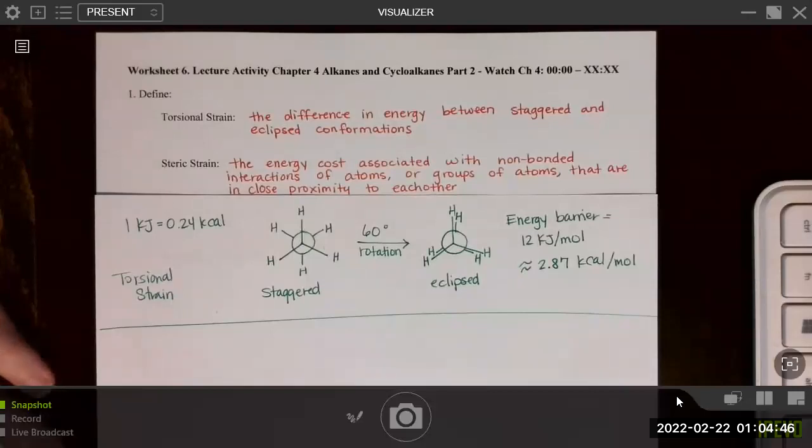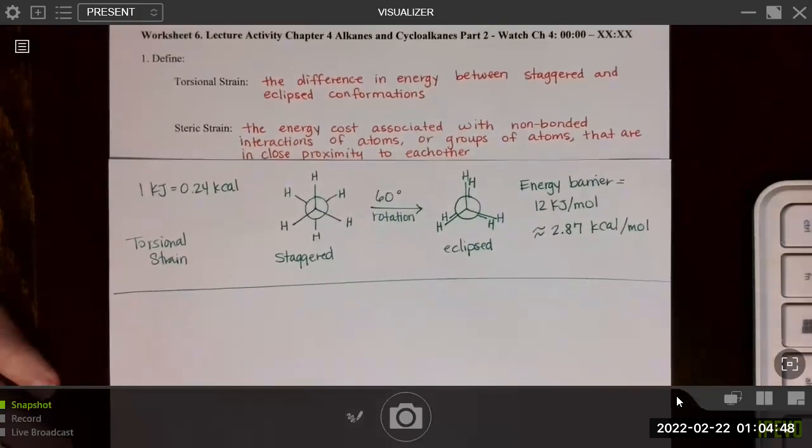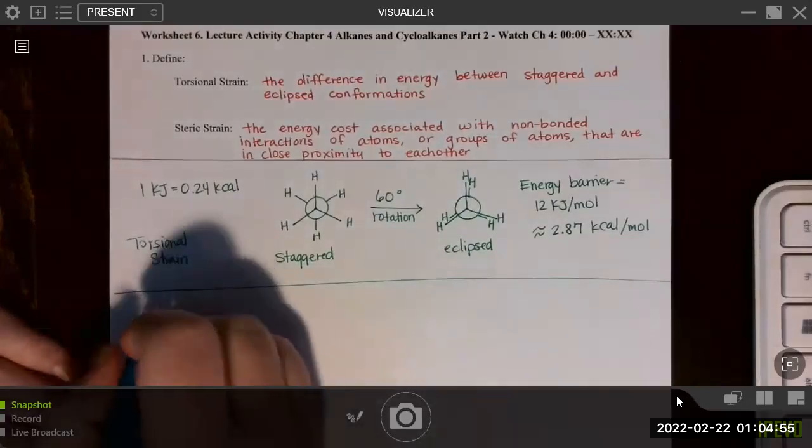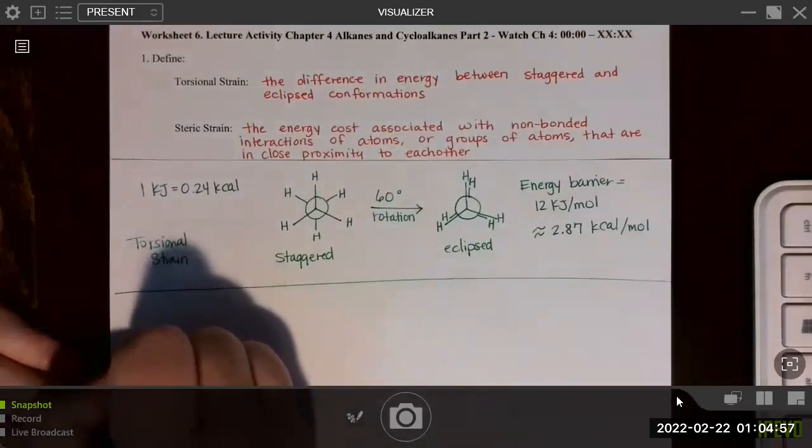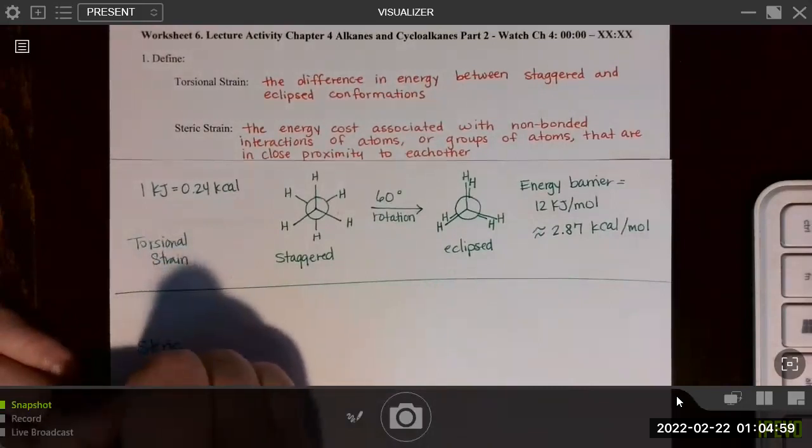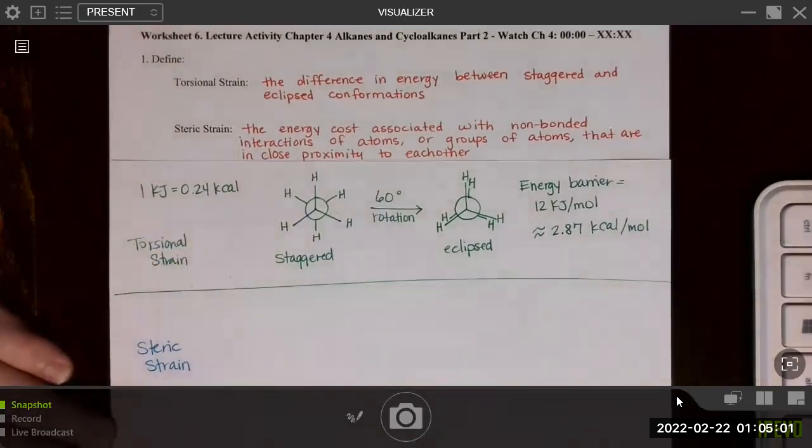So you may have run across the idea of a gauche interaction, and that is a type of steric strain. I'll give you a couple of examples because we are going to be seeing more examples of steric strain a little bit further on in chapter 4.